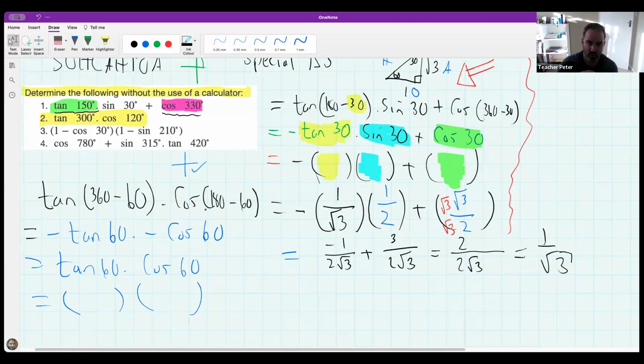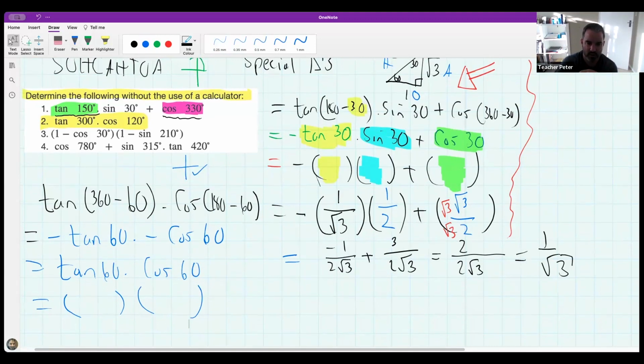And for that, I need to go to my special triangle. And because I've been doing this for so long, I'll just do one down here. My brain still seems to have it on available. So 2, root 3, 1. What is the tan of 60 times the cos of 60?